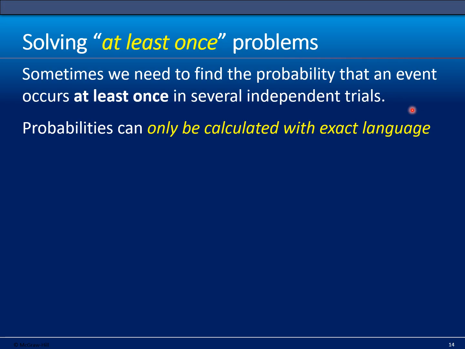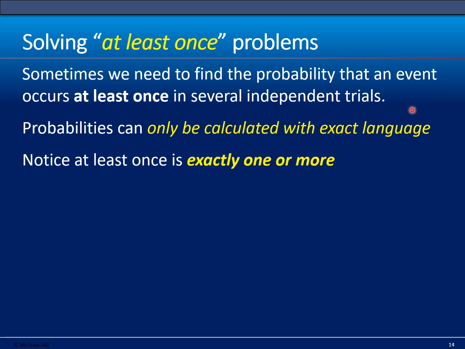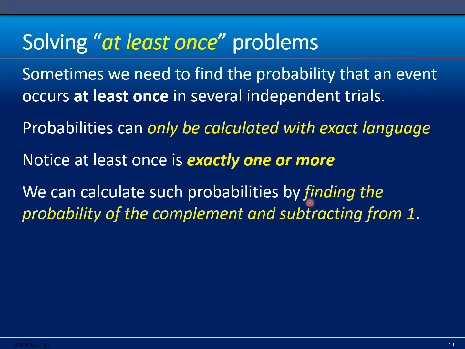There are 4 different situations there. So at least once is exactly 1 or more. So again, if we had 4 items, this is 1 or 2 or 3 or 4. It's generally easier to calculate the opposite of the event. We can calculate such probabilities by finding the probability of the complement.